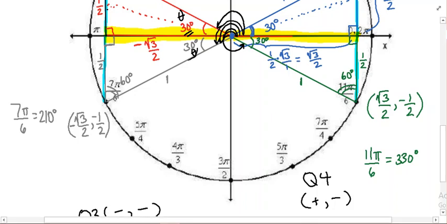So if you want the sine of this guy, you're just going to do the length of the opposite over the length of the hypotenuse. Again, you've got to keep in mind that this angle is in quadrant 3, so the x values and the y values are negative. When you look at this distance of 1/2, you really need to think of it as a negative length because the y values are negative there.